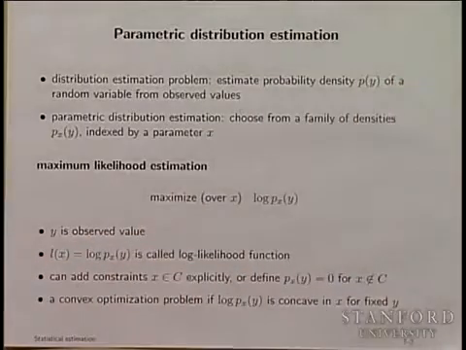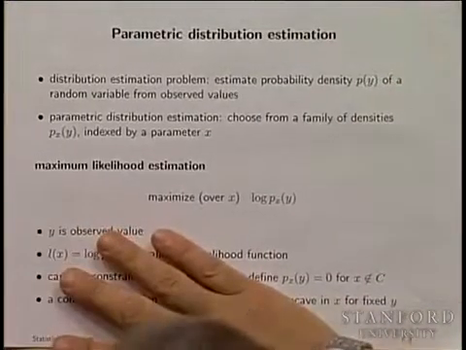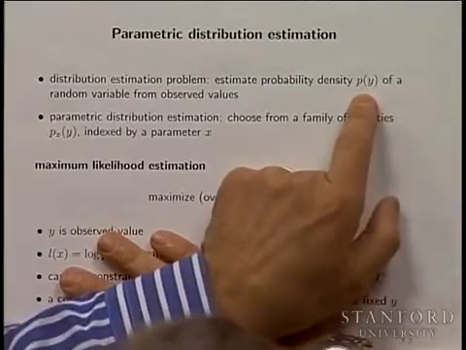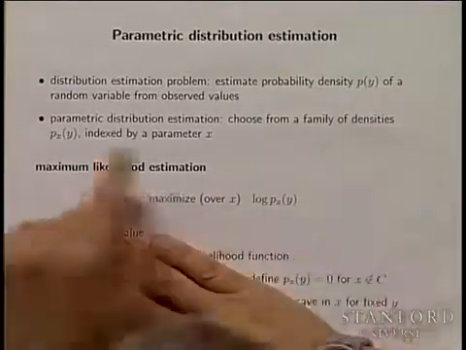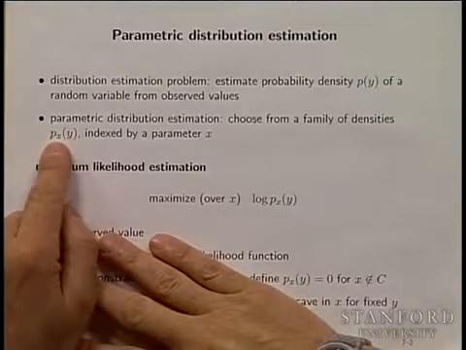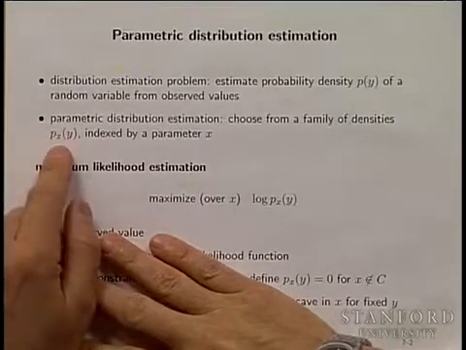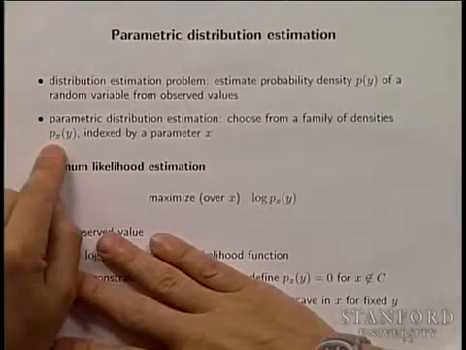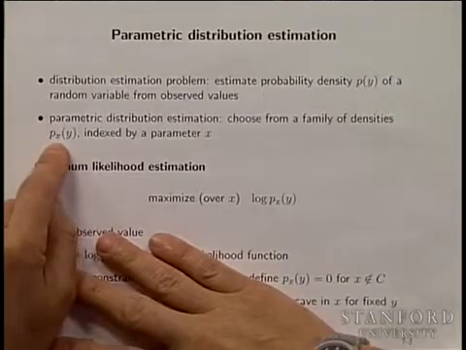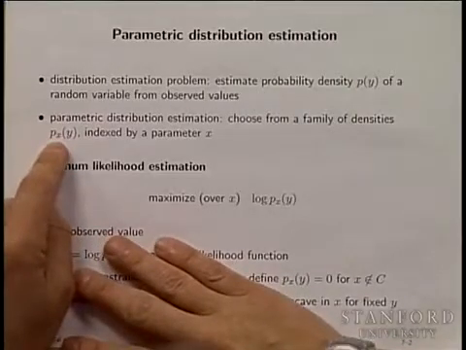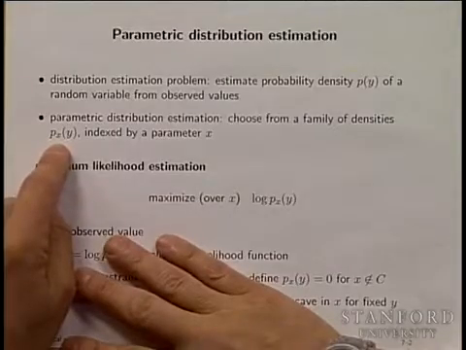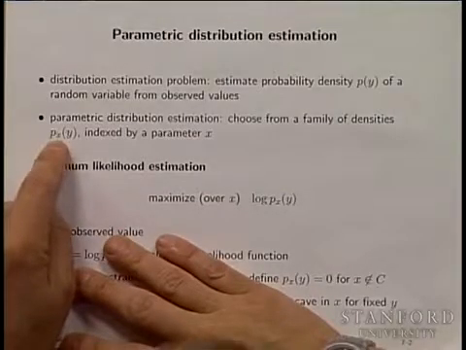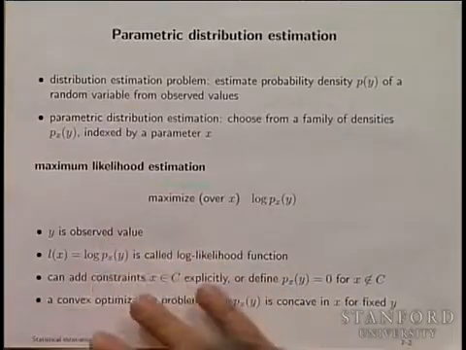So the broad setting is just pure statistics. You have a probability density that depends on a parameter. In pure statistics, there are just parameterized probability distributions, and we have a parameter x.